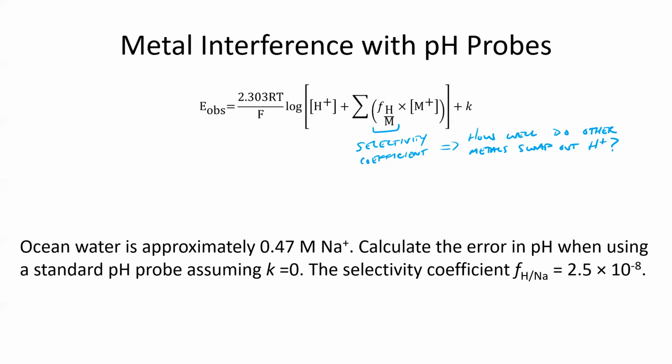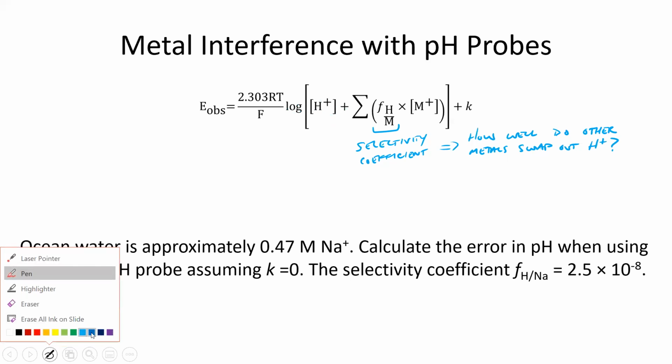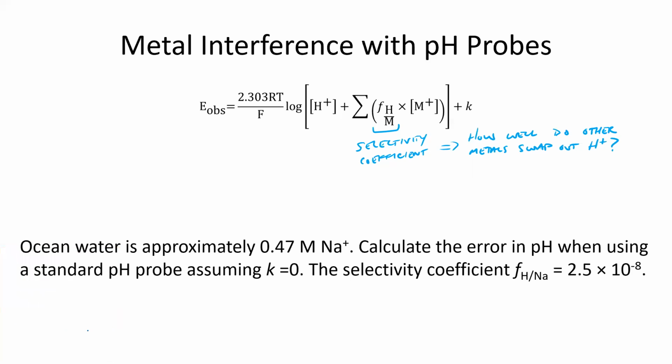And so we have this selectivity factor, and actually this still has this in terms of log of H plus. I feel like I dropped a negative sign, but it's not in the textbook either.